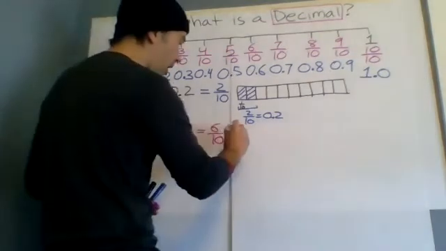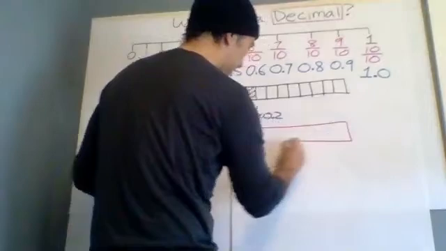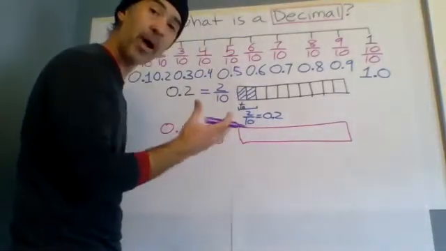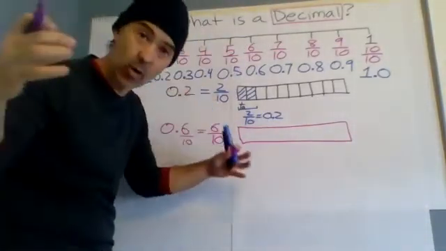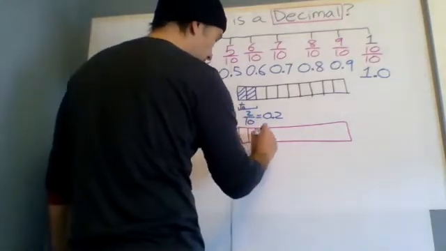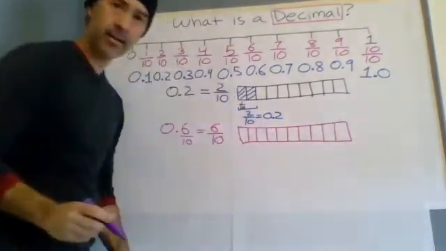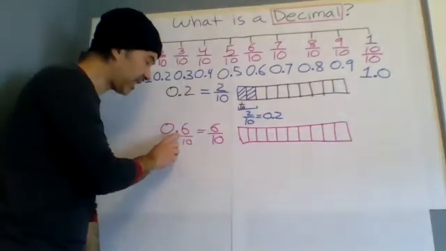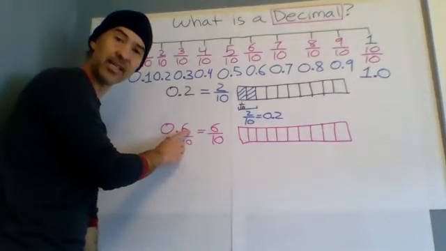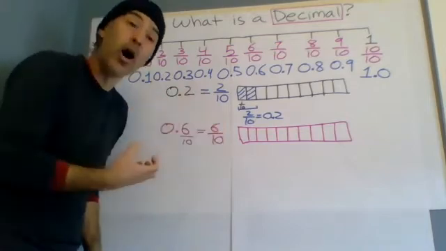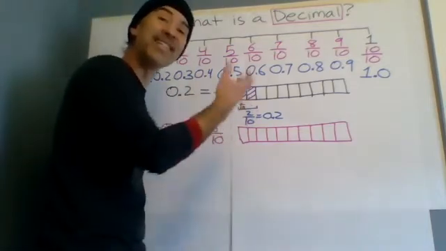And if I draw my whole, I need to break my whole into 10 equal parts. 1, 2, 3, 4, 5, 6, 7, 8, 9, 10. And this is telling me 0.6, I'm using 6/10 of the available 10/10.